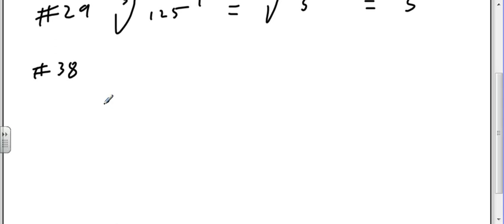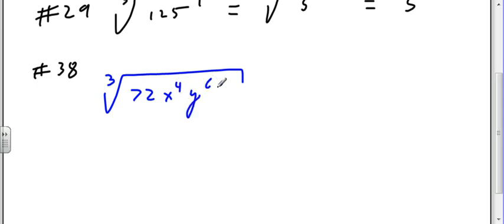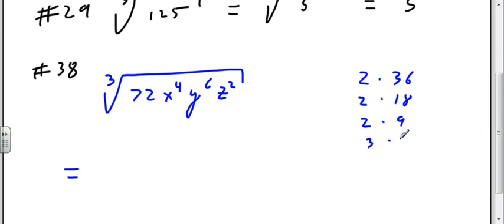I have the cube root of 72x to the 4th y to the 6th z squared. Okay, so now what is 72? 72 is 2 times 36, which is 2 times 18, which is 2 times 9, which is 3 times 3.